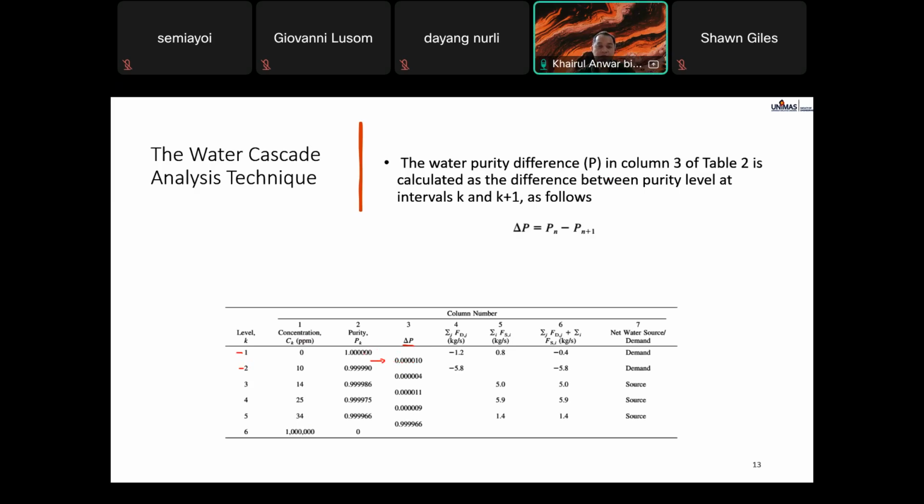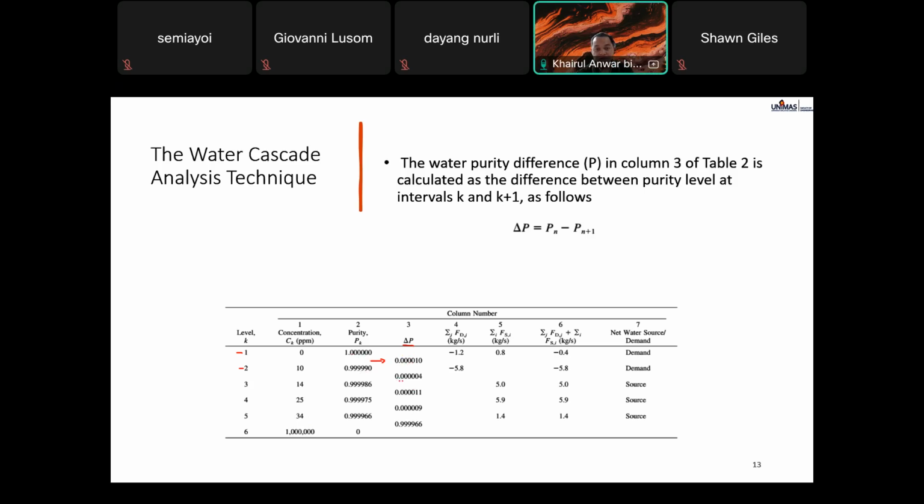How to calculate this is just easy: 1 minus 0.99999, then you get 0.00001.